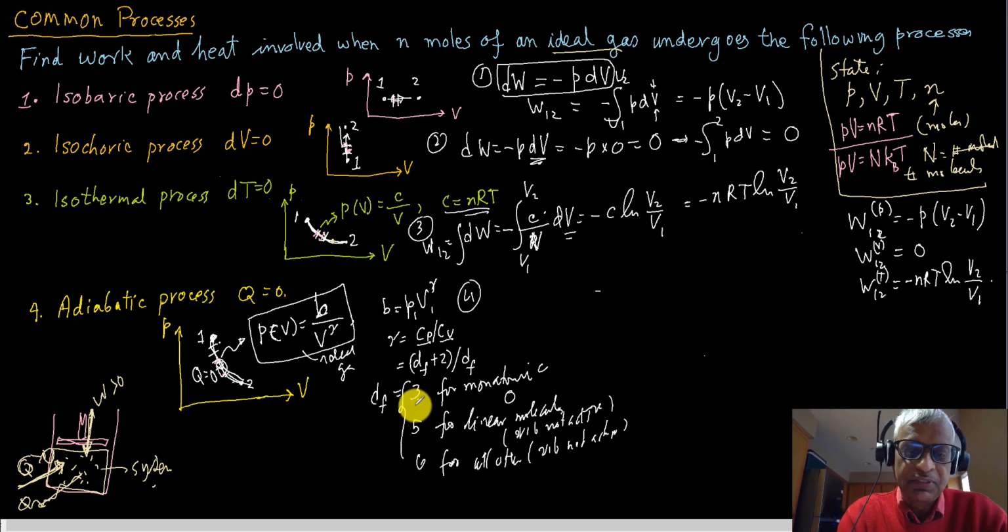So this is the kinetic energy of the center of mass, those 3 degrees of motion; this is the kinetic energy of the center of mass plus 2 rotational degrees of freedom; and this is the kinetic energy of the center of mass plus 3 rotational degrees of freedom.